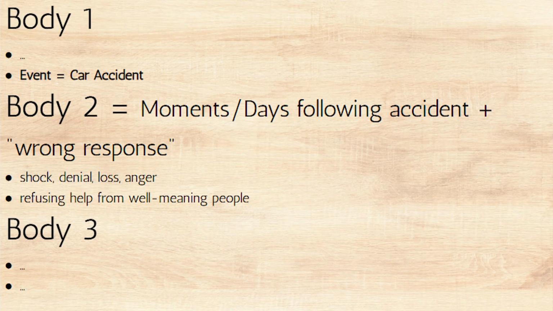And other people might be trying to get you out of that, and you might be refusing them. What we see here in body paragraph 2 is kind of the wrong way to approach the growth. You're trying it the wrong way first, and then you try it the right way in body paragraph 3.